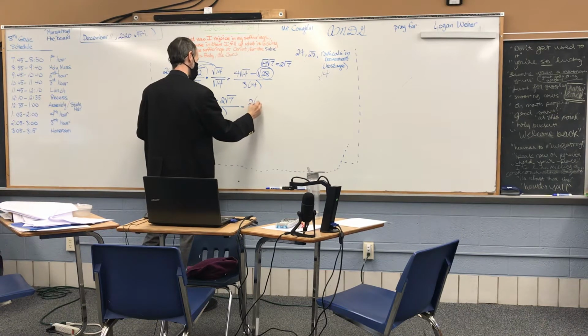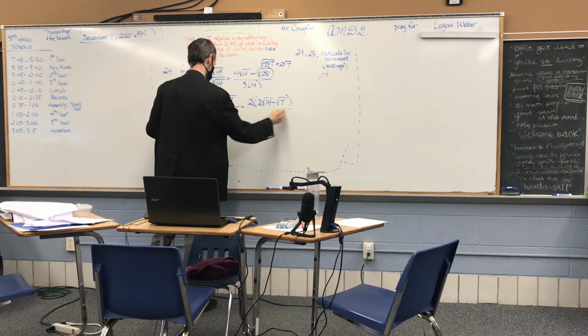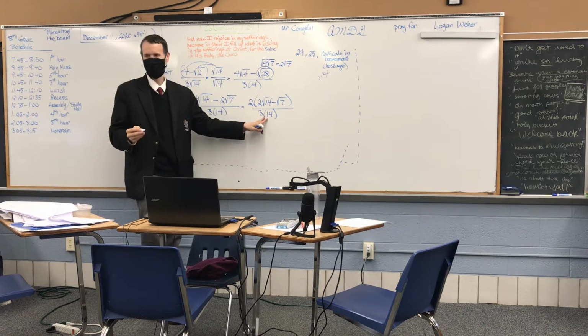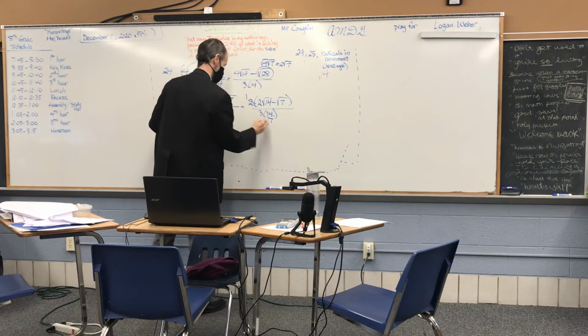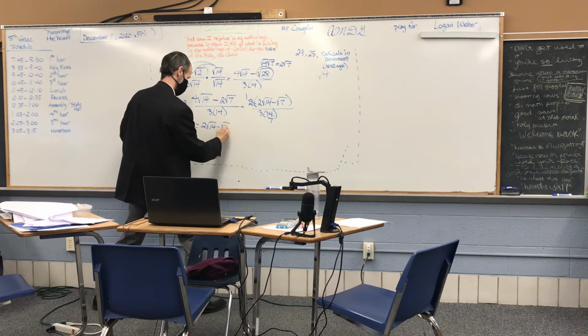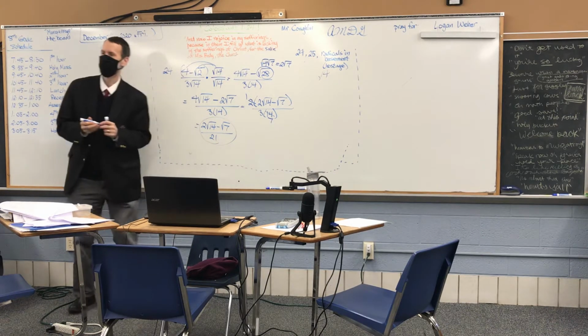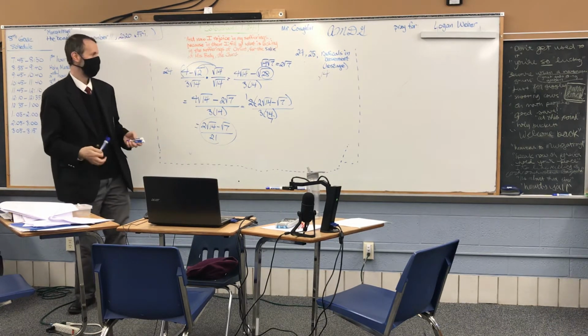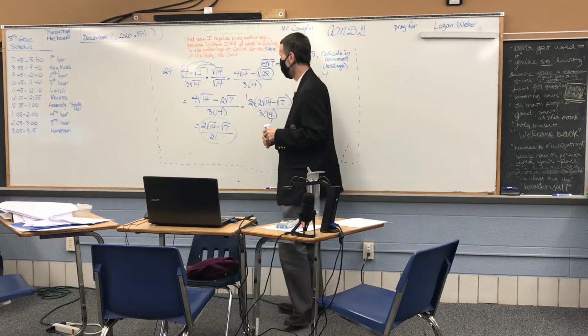It's 2. 2 radical 14 minus radical 7 all over 3 times 14. And again, could have multiplied this to 42, no problem. But the 2 and the 14 reduced to 1 and 7. And we have 2 radical 14 minus radical 7 all over 21. It is a little faster if you do that. You have a little less reducing to do.